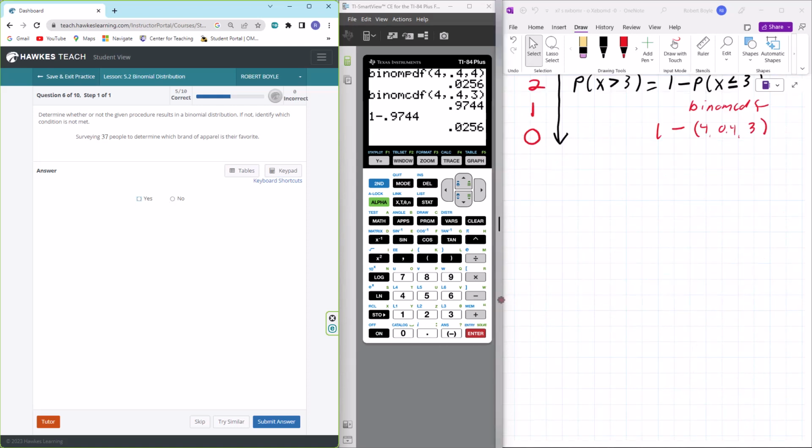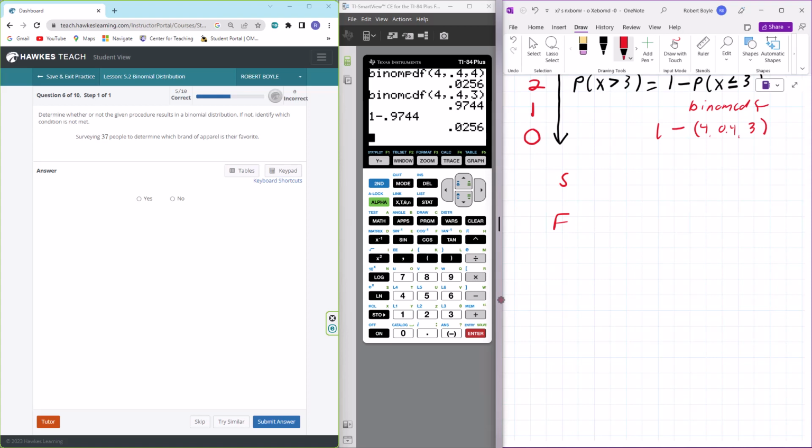So remember, for a procedure to have a binomial distribution, each trial must have 2 outcomes, either success or failure. That's it. Can't have any more than 2. If there's more than 2, it does not follow a binomial distribution. Now, as far as apparel is concerned, there's lots of different brands.